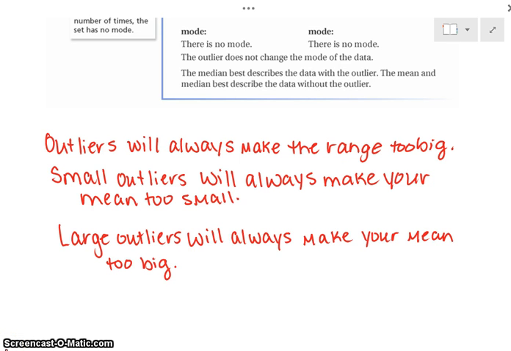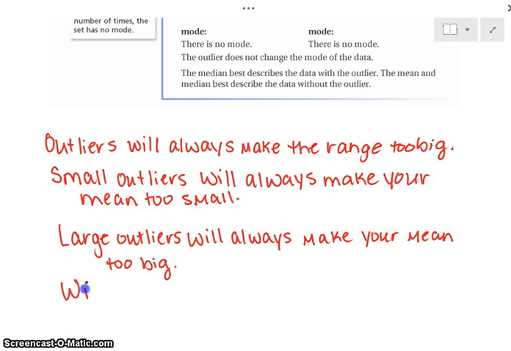So if you have an outlier, mean is not the best choice to use. Instead, use median or mode, whichever seems to be more reflective of your data.